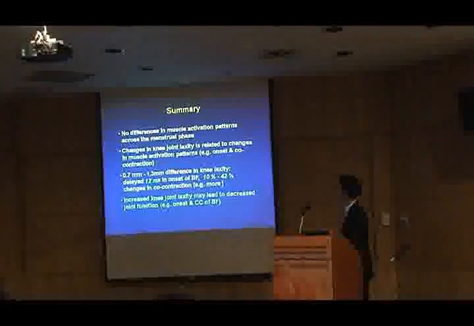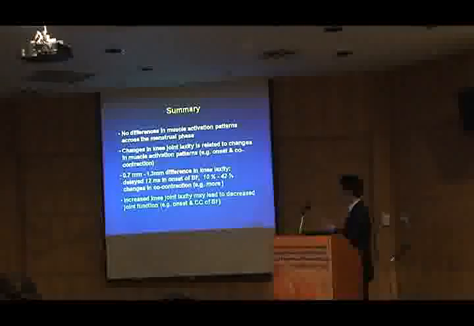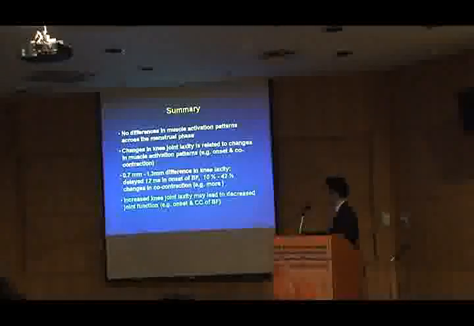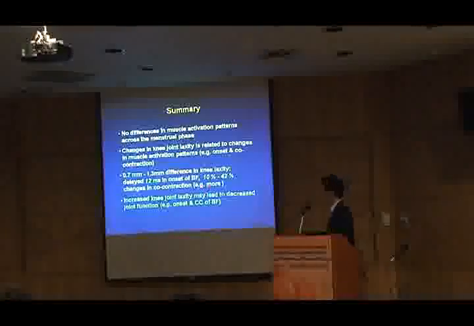So, summary: when you compare the muscle activation patterns by the menstrual phase, there are no differences. But when you regroup the data depending on the relative ligament laxity, we see changes in muscle activation pattern. Let's say a 0.7 millimeter to 1.3 millimeter difference in ligament laxity delays the onset of the hamstring muscle by 12 milliseconds.